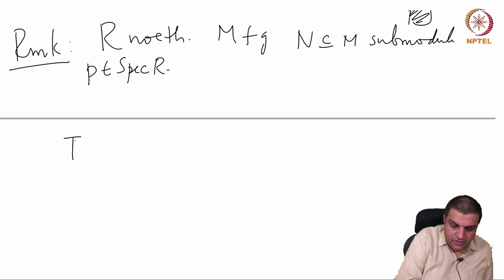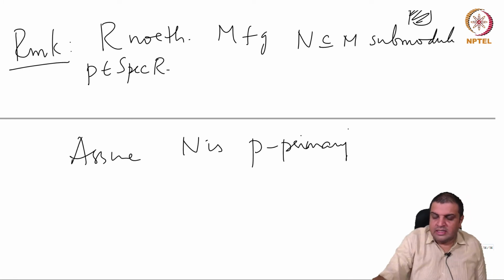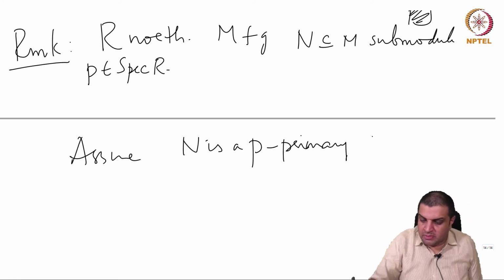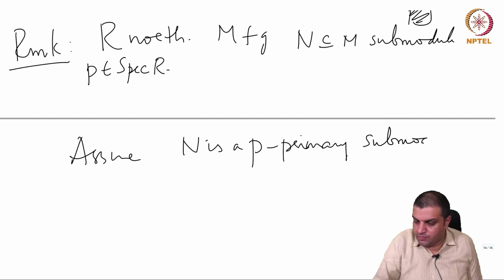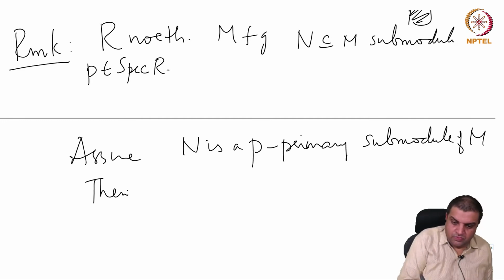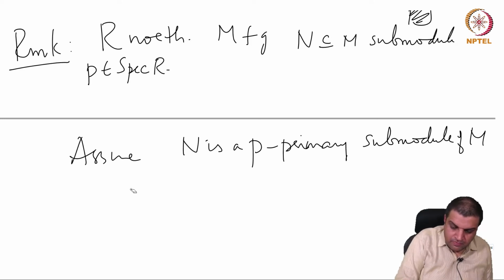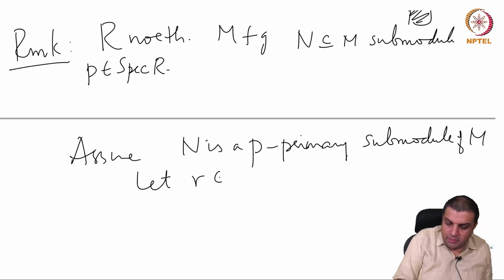Then assume that N is P primary as a submodule of M. So N is a P primary submodule of M. Okay. Then every element of R, let r be in R.